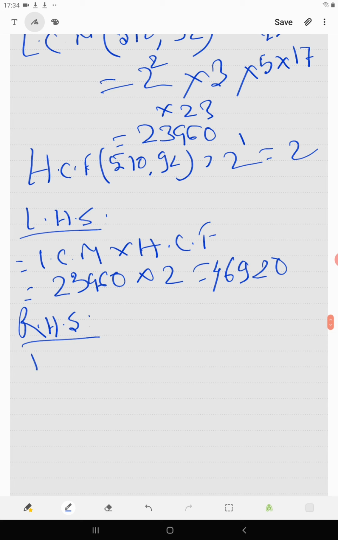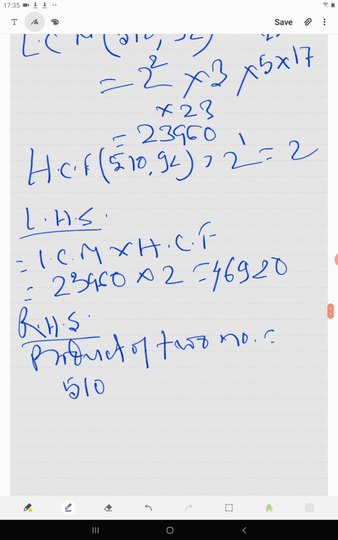the product of two numbers. So that can be written as 510 into 92. So remove 0 for the time being. 92 into 51. So let's multiply first 92 into 50. From 50 also remove 0. So 92 into 5.